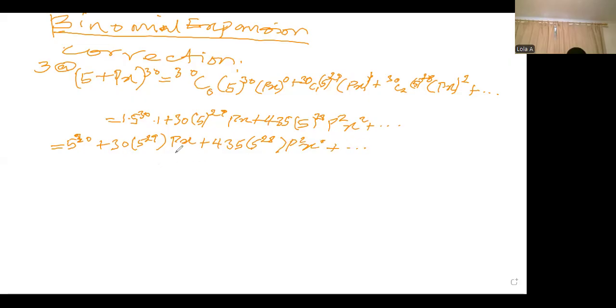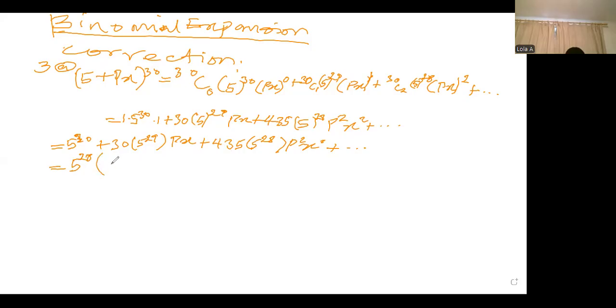Now, if you look at the 5 raised to power that we have, 5 raised to power 30, 5 raised to power 29, 5 raised to power 28, I can factor out 5 raised to power 28. Why? Because 5 raised to power 28 will divide 5 raised to power 29. It will also divide 5 raised to power 30. So I will now factor out 5 raised to power 28.